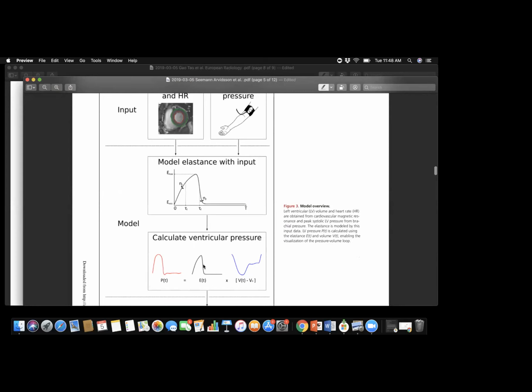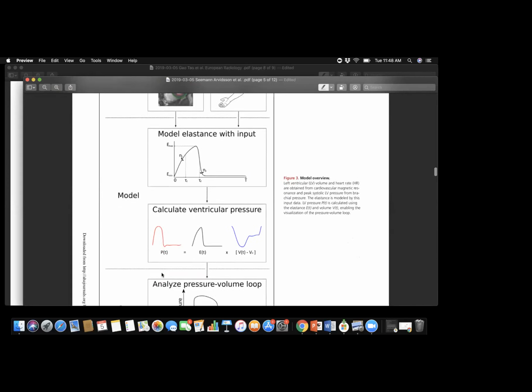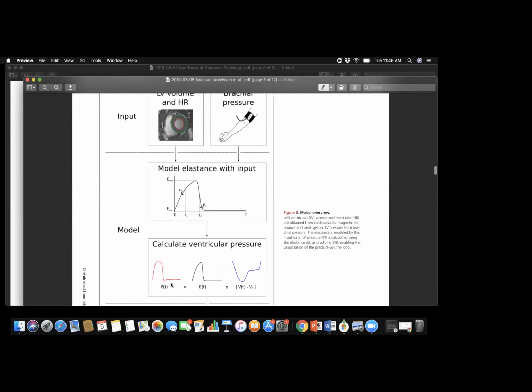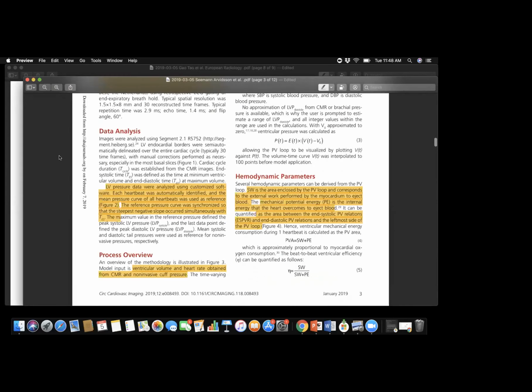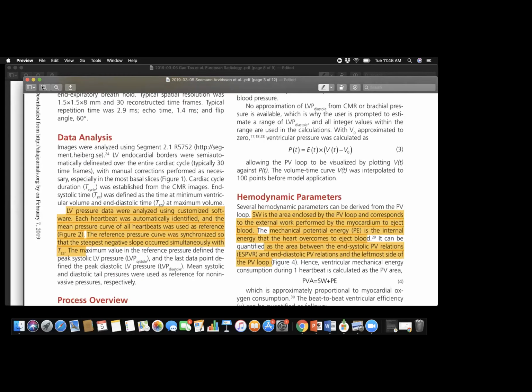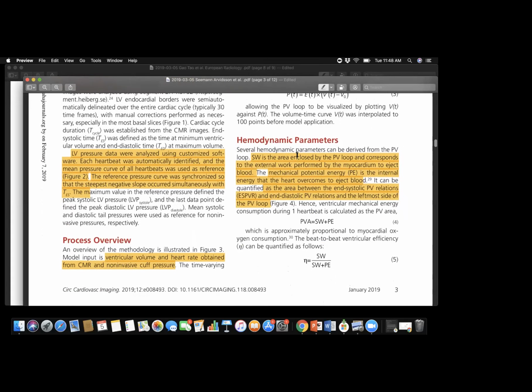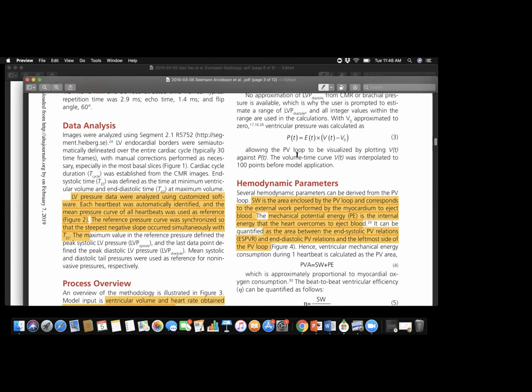So you get the elastance, and using the volume, you get the pressure, and then you're analyzing this, and you have your PV loops. Going back, the formulas here are the elastance formula, basically for getting your pressure from elastance.